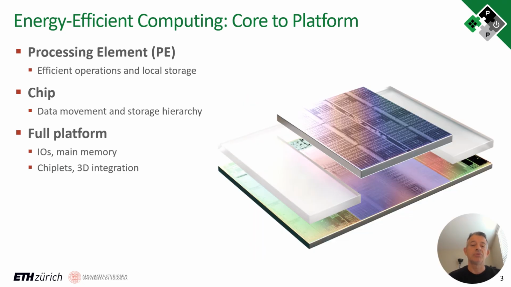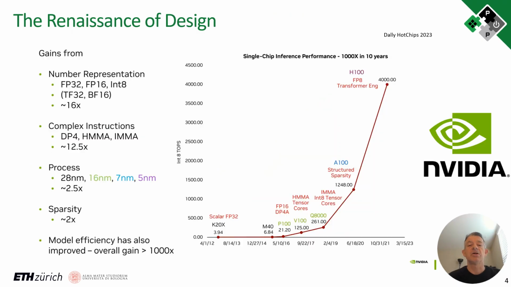So, how do we move about that? Now, let's take an example of the leading company in machine learning and AI hardware, NVIDIA. We can talk, really, for NVIDIA and for all this business, about the renaissance of design.